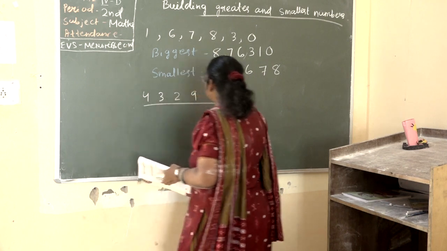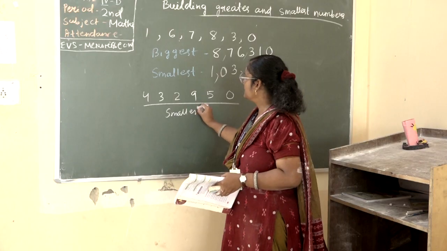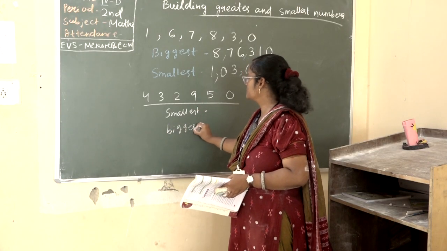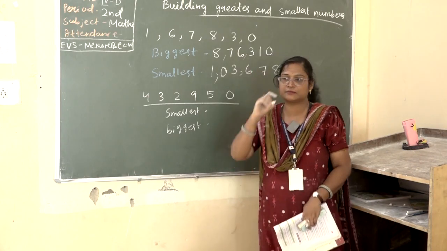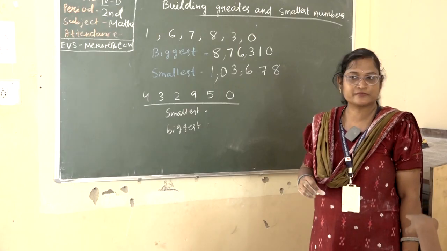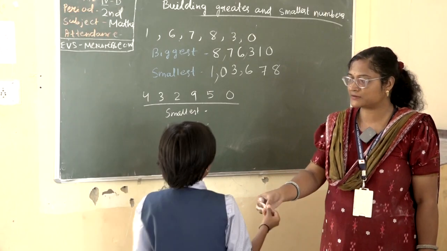This is a 6 digit number. You have to find the smallest and biggest number. Who will write the smallest number? Soumya, come. Smallest number.